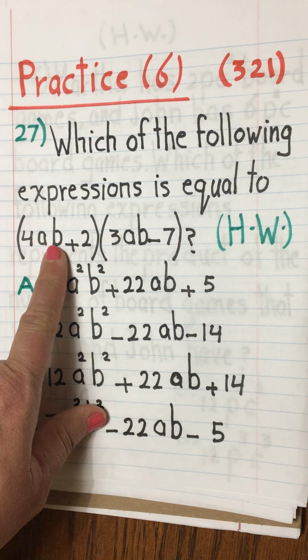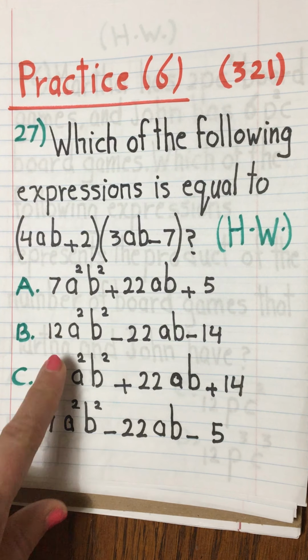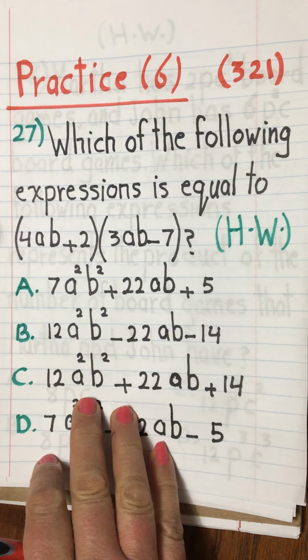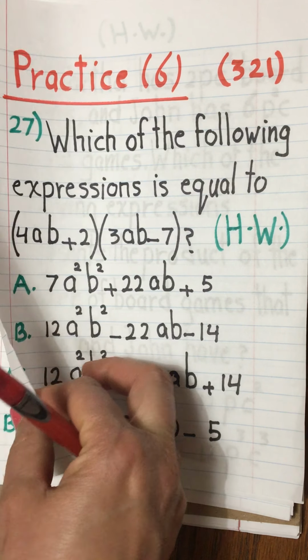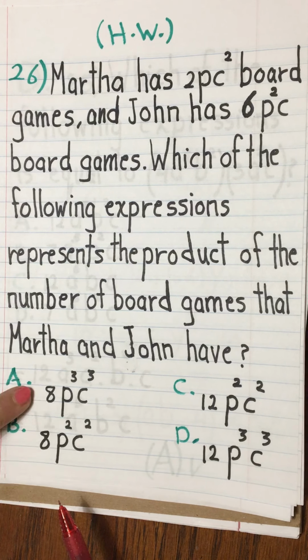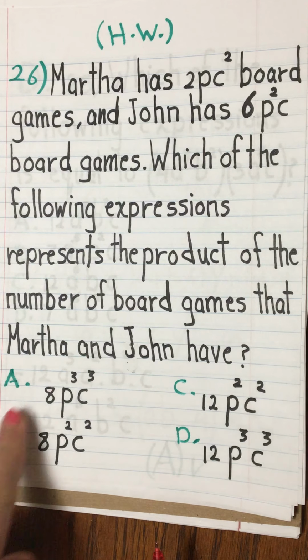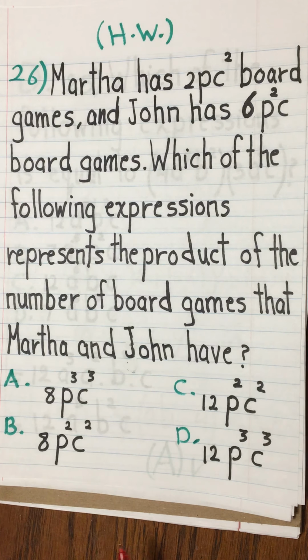Which of the following expressions is equal to? I'm going to multiply these two expressions and pick one of these options. And 26 too, this is your homework. You have to pick one of these options. So just read it and find out how you're going to solve it.